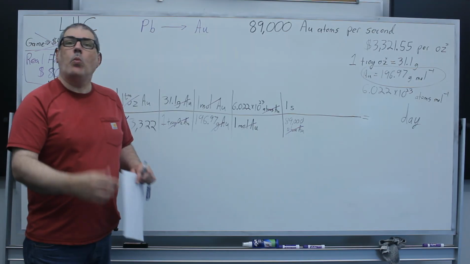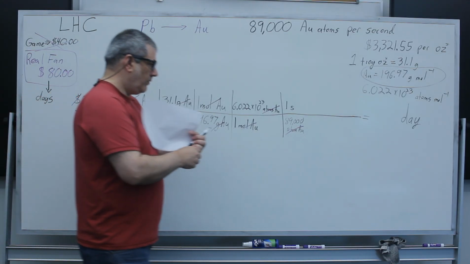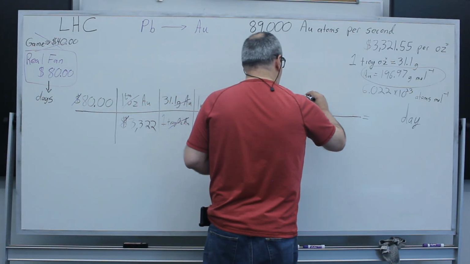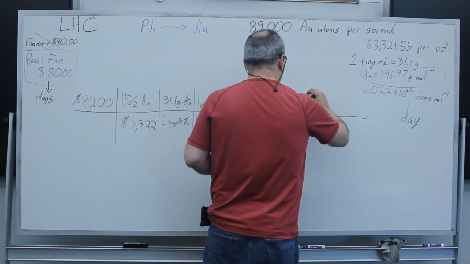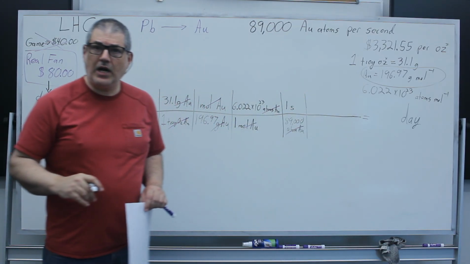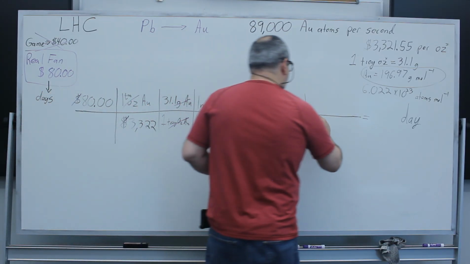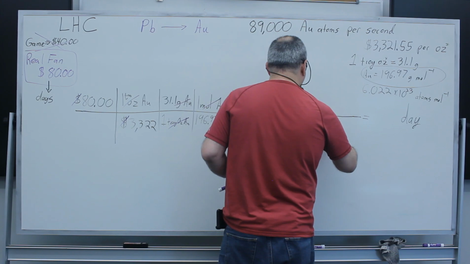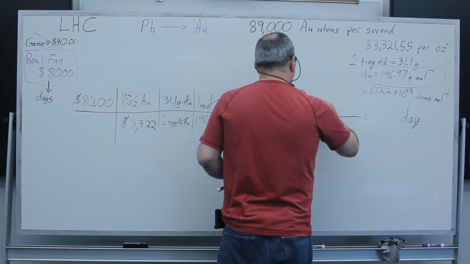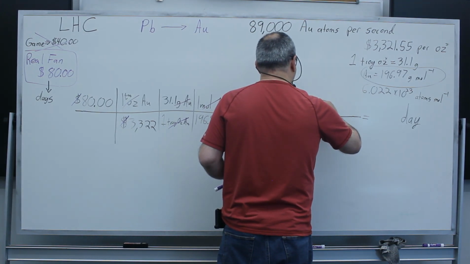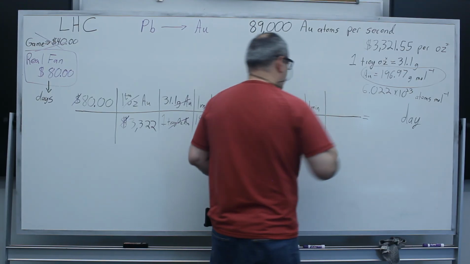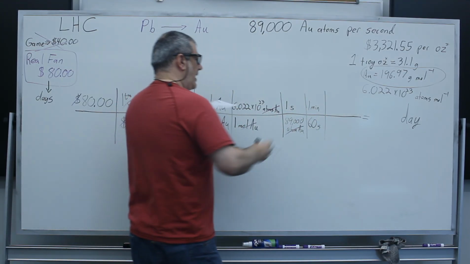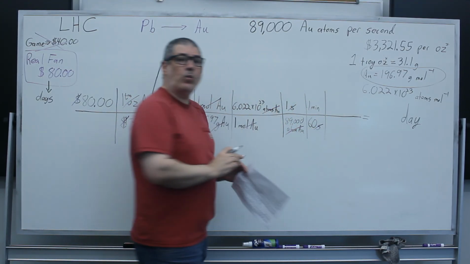We want days. So, fortunately, we know some unit conversions pretty much by heart as far as time is concerned. We know that 60 seconds is 1 minute. So seconds cancel. Now we're in minutes.